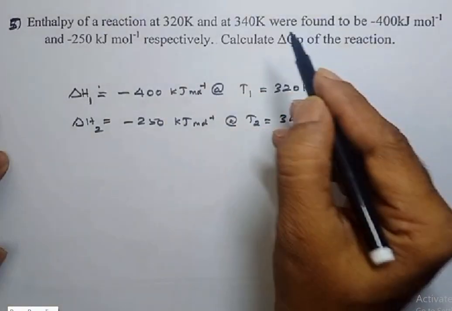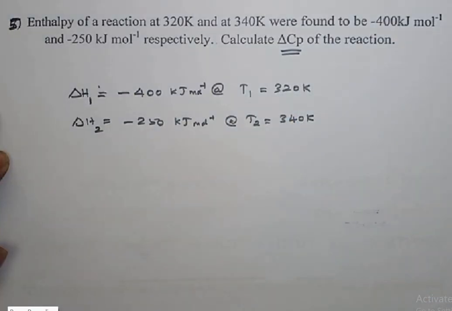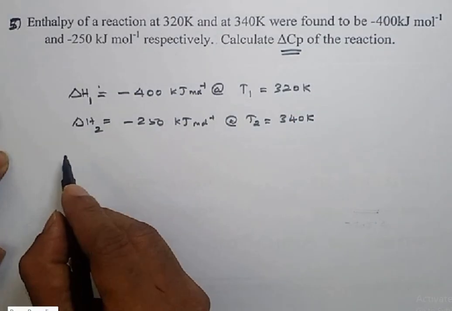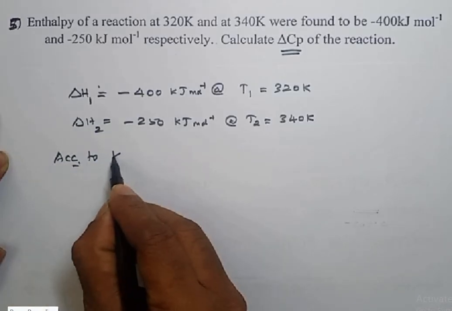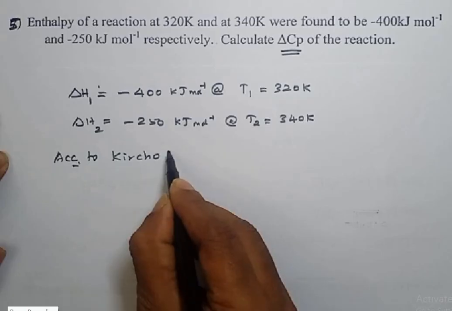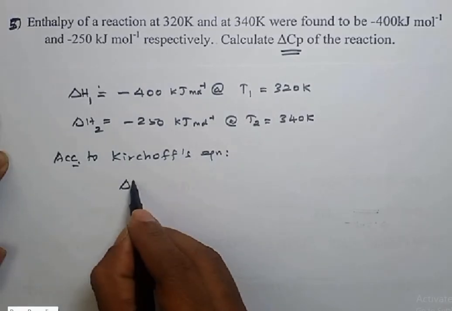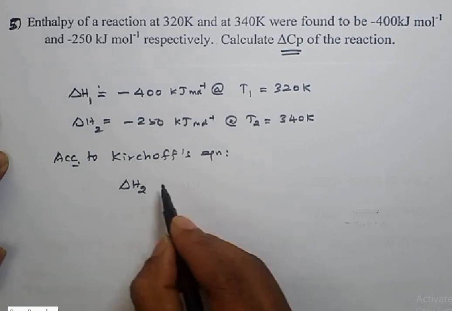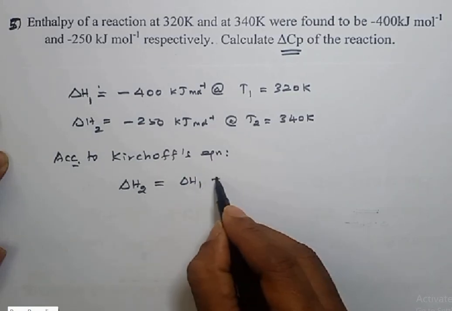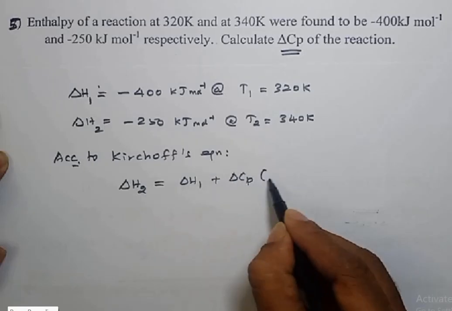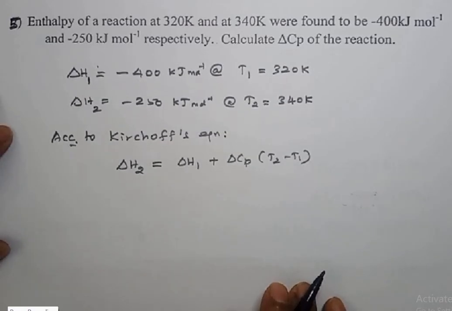What we need to do is calculate delta Cp. We know very well, according to Kirchhoff's equation, you might have heard about this, delta H2 equals delta H1 plus delta Cp into T2 minus T1. We can use this formula to calculate.